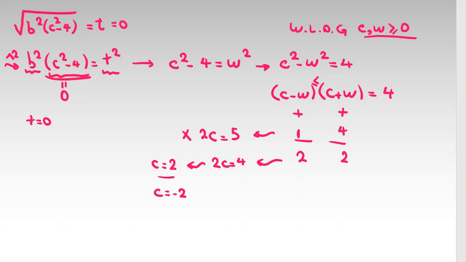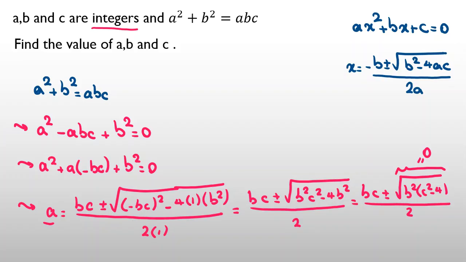Here c squared minus 4 is still 0, but a may change. So a is bc over 2, considering the square root is 0. If c equals 2, a is b. If c equals negative 2, a is negative b. So let's check these two cases.